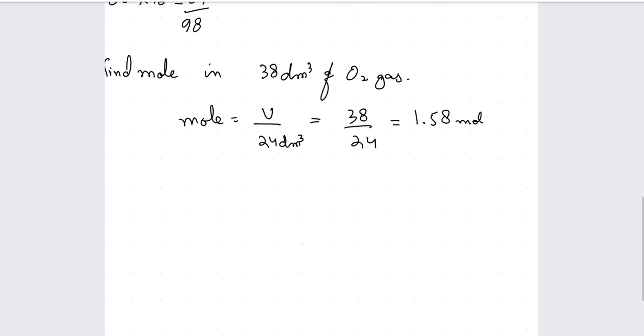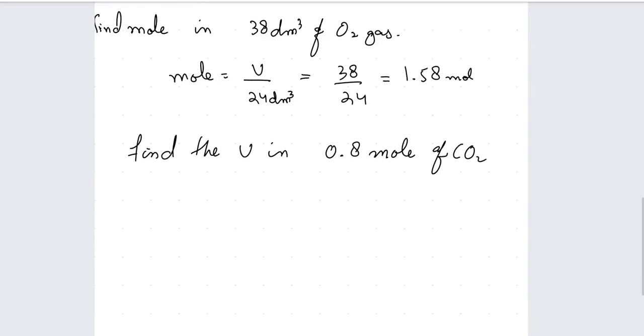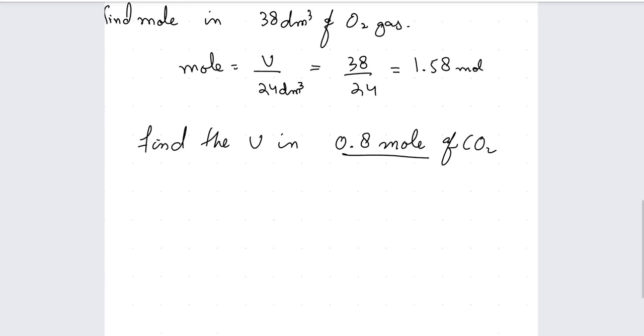Now sometimes mole is given, like find the volume in 0.8 mole of carbon dioxide. So you have a mole and you need to find volume, just rearrange it. So mole times 24 decimeter cube is equal to volume. So we have 0.8 moles and 24 is for the formula.